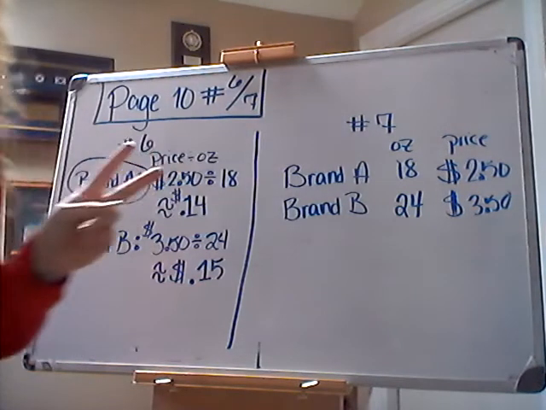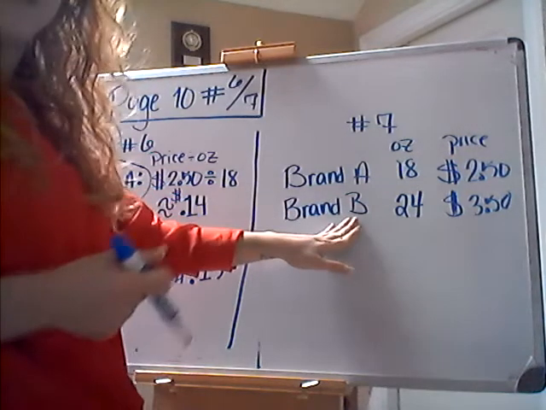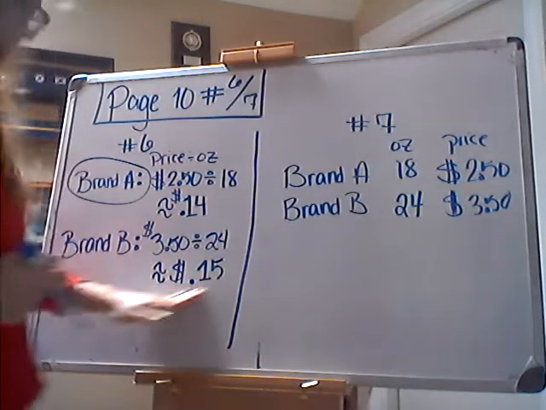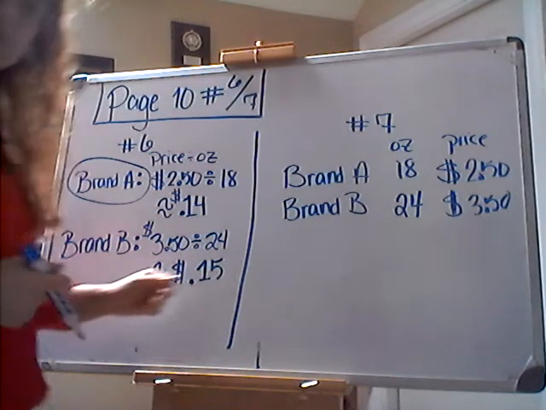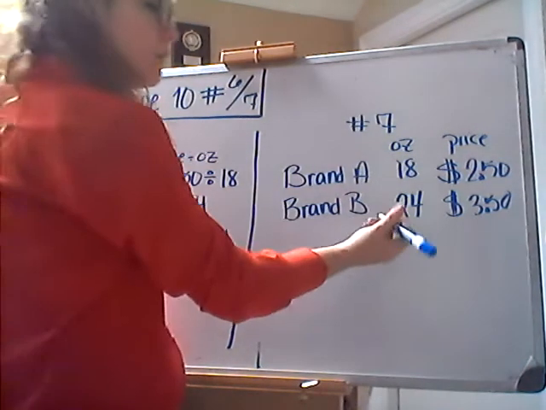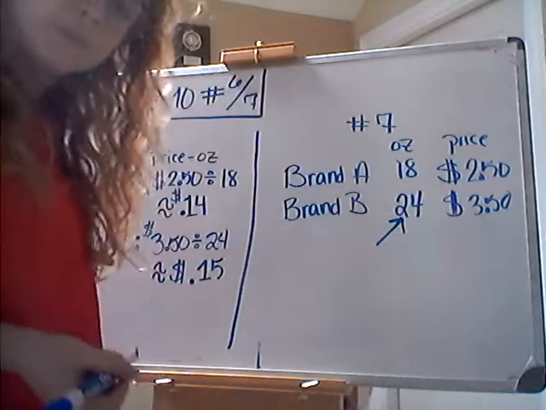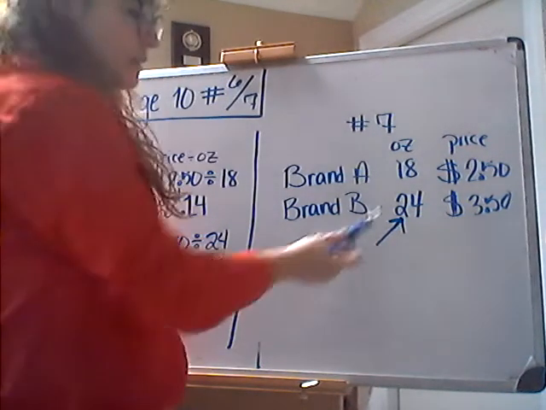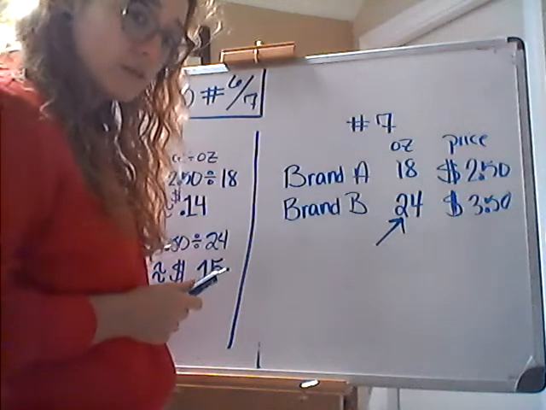There are 2 ways to do that. For brand B to have a cheaper price per ounce, you could either make this number bigger. For instance, 30 ounces is only $3.50.